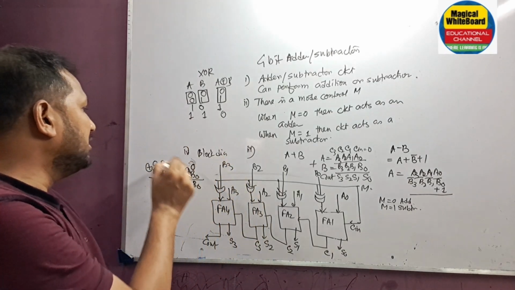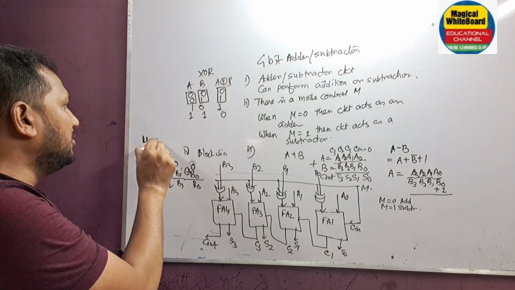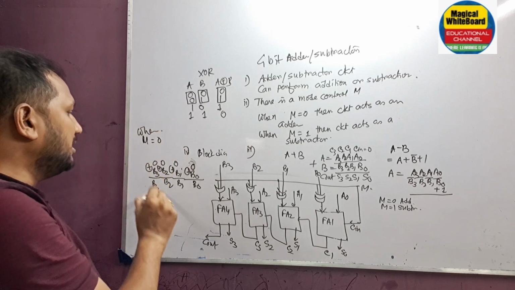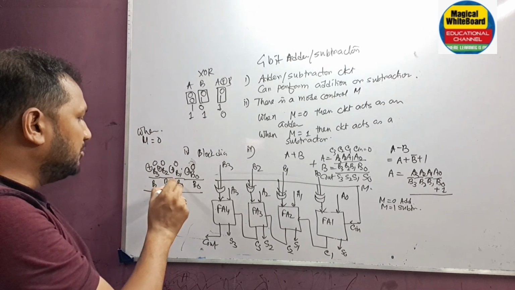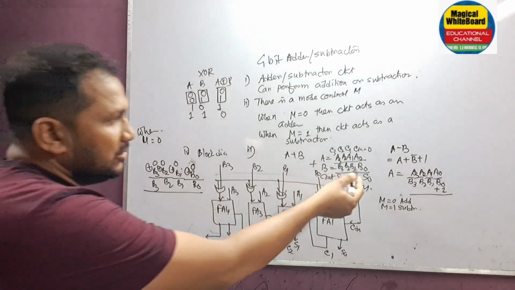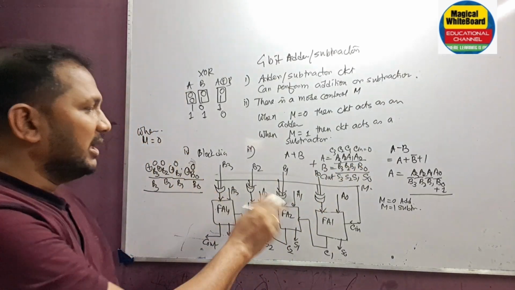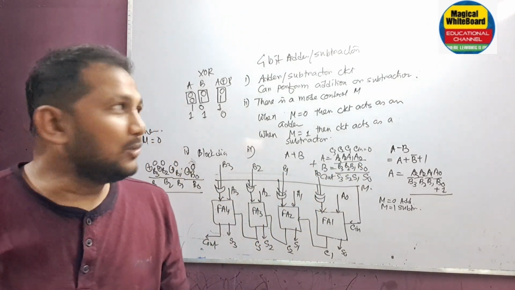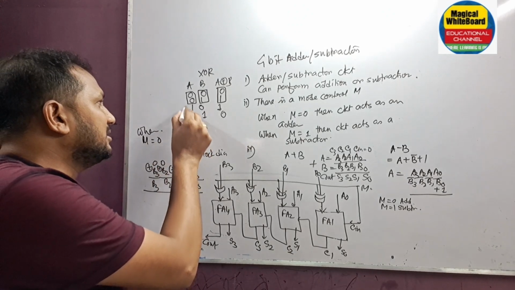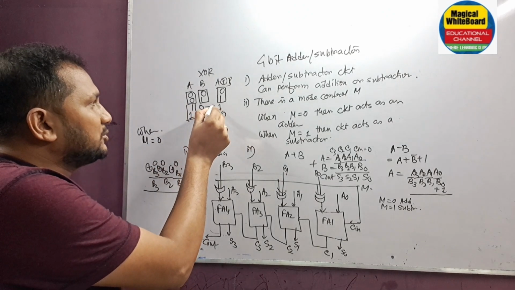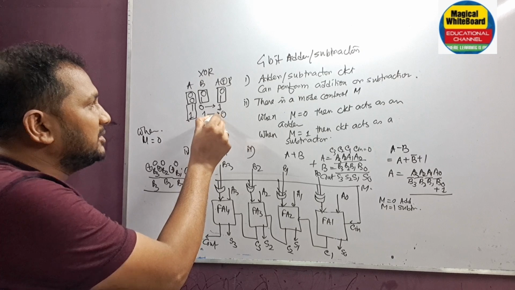When aim equal to 0, so B remains B, B0, B1, B2, B3, and A is A0, A1, A2, A3. So there is an addition operation. Now when aim equal to 1, let's consider this thing. When there is a 1, 0 is complemented to 1 and 1 is complemented to 0.